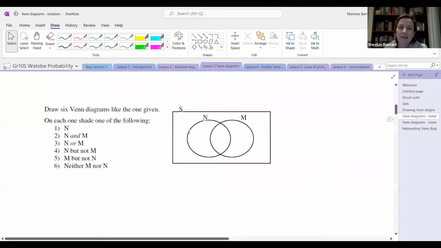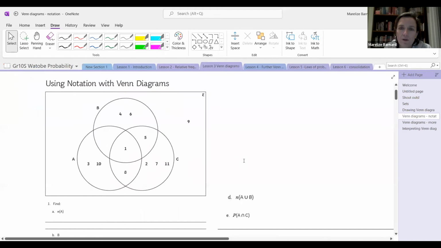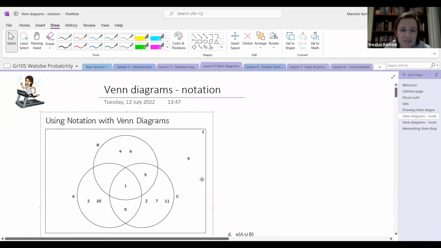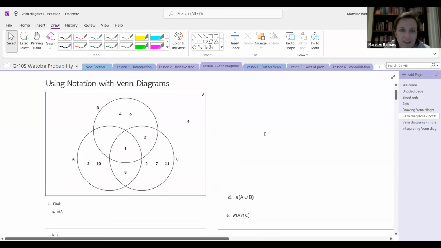Okay. Now, let's get on top of all this new notation that you need to know for Venn diagrams and for sets and for probability. Okay, so let's get into business with this three circle Venn diagram.